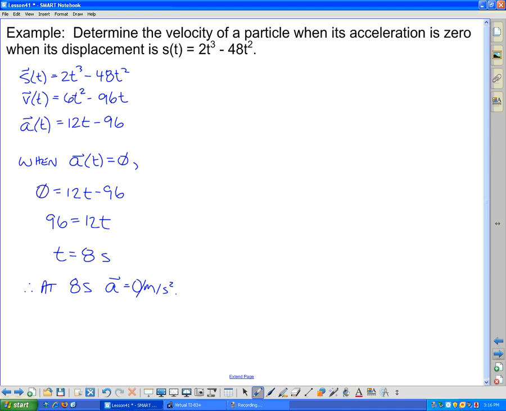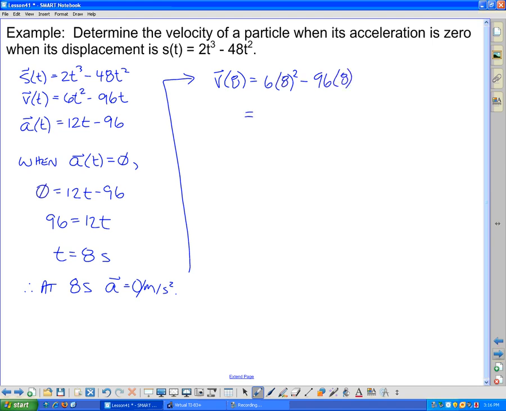All right. So what is our velocity at 8 seconds then? Velocity is 6t squared minus 96t, so I don't need to rewrite that. So 8 squared is our time, minus 96 times 8.